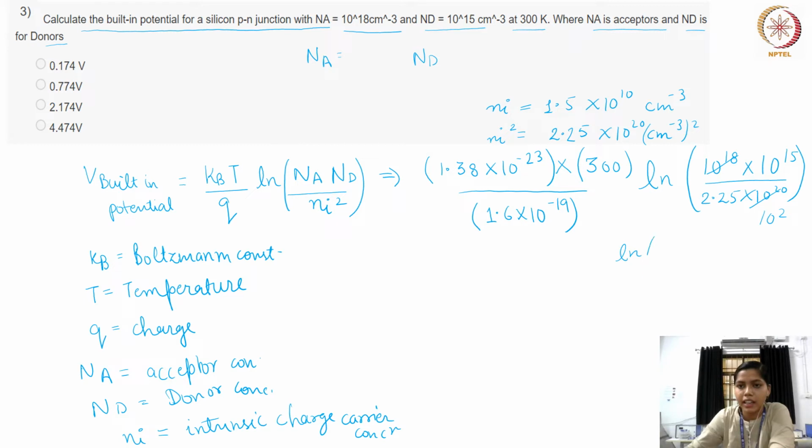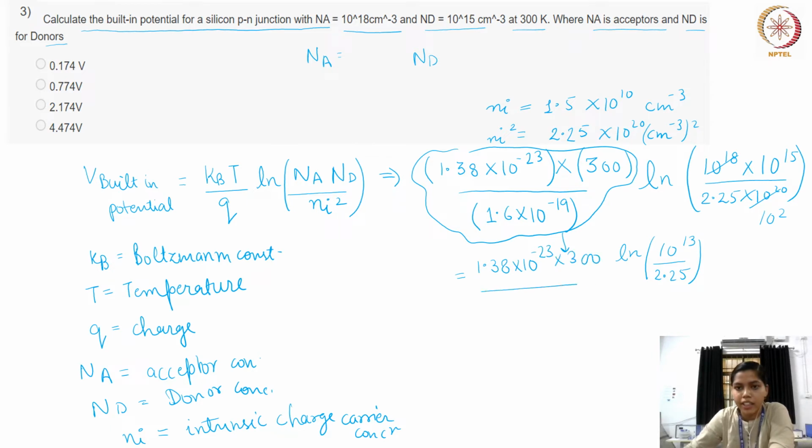That gives ln of 10 raised to the power 13 divided by 2.25, and this entire term will also be here: 1.38 into 10 raised to the power minus 23 into 300 divided by 1.6 into 10 raised to the power minus 19. When you calculate all this, it gives 0.774 volt, which is option number 2. So the correct option for this question is option 2.